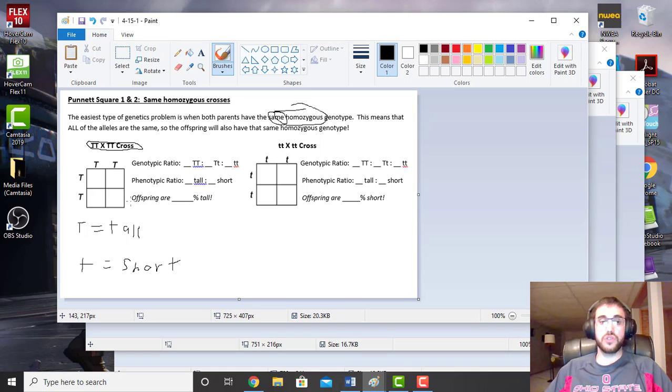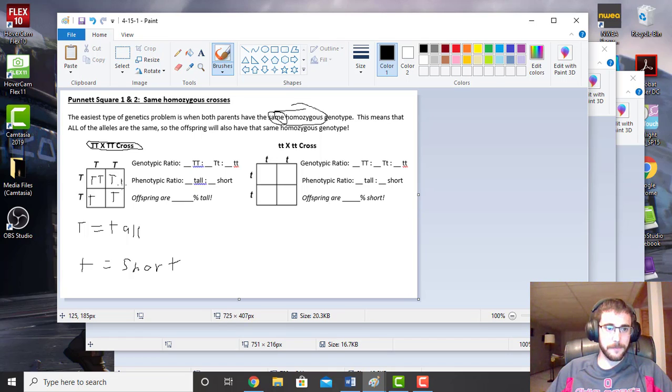So we do a Punnett square by taking each letter on top and dragging it down. So this box will need a big T from here, this box will need a big T here, and we do the same thing across. Big T, you know what? This T wasn't very big, doing it over.